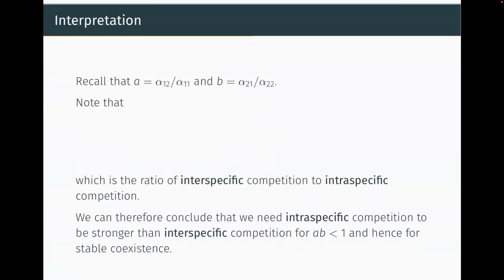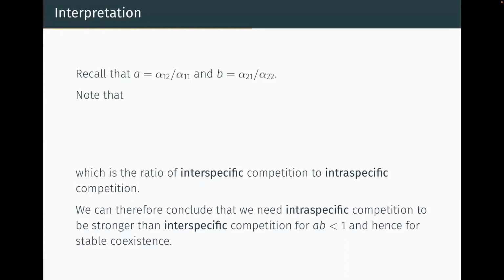So let's do a little bit more interpretation, thinking about what these competition coefficients mean. We defined the parameter A to be alpha 1,2 over alpha 1,1. And remember, alpha ij is essentially the strength of competition from species j to species i.